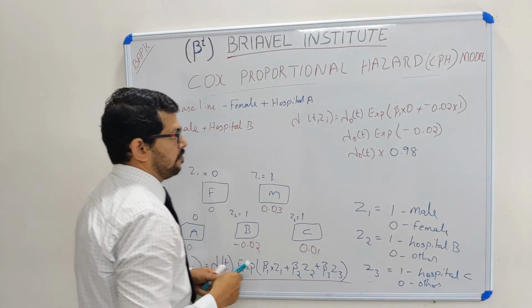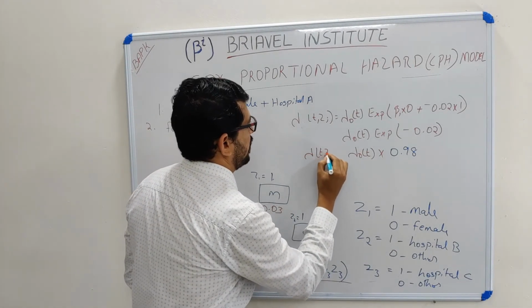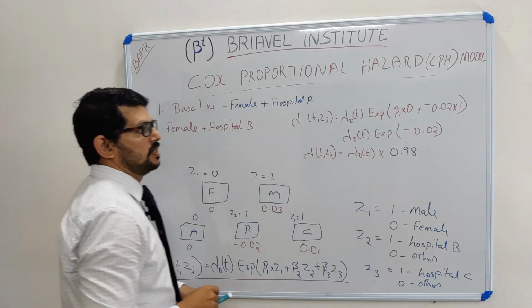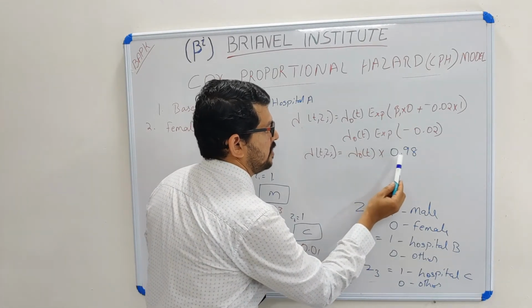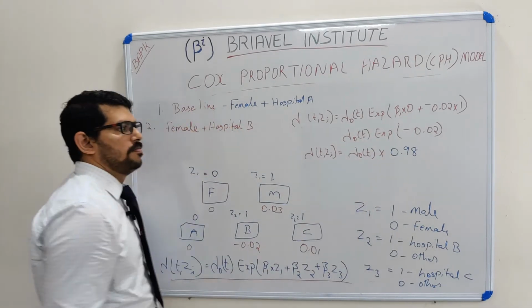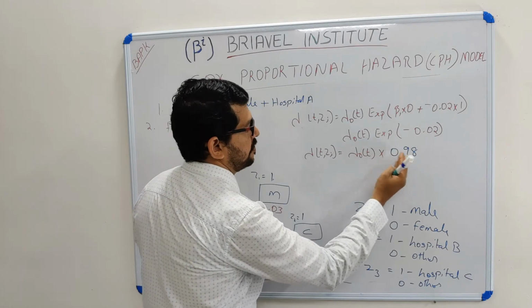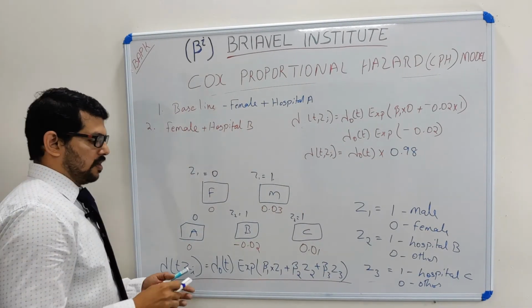If lambda 0 t is multiplied by 0.98, it is decreased from the baseline hazard. How much percentage is decreased? 0.02 is decreased from the baseline hazard.